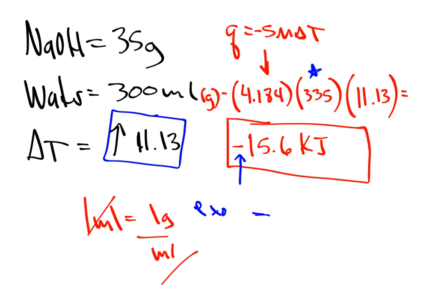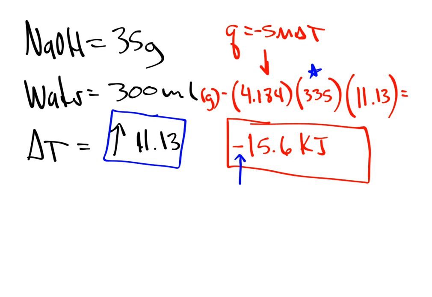All right. Now, I don't know why, besides that I sucked at teaching it at first, but the next part seemed to just blow their minds. This was negative 15.6 kilojoules released when 35 grams dissolved.